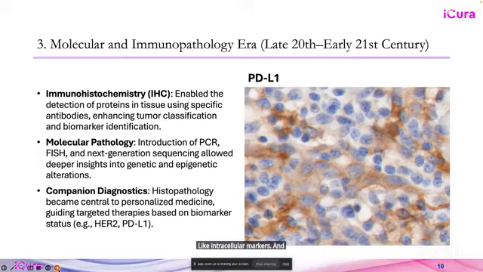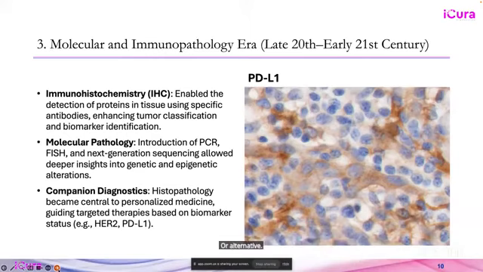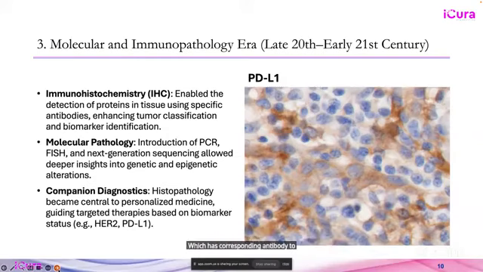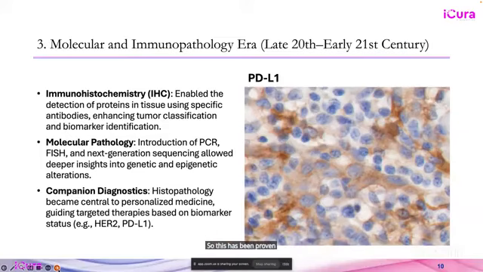With certain enzyme-linked reactions, you can get a chromogenic color reaction, and something turns blue or dark brown. Or alternatively, you can use fluorophores with horseradish peroxidase, HRP, or other enzyme-linked reactions, so that you can see certain protein markers that have a corresponding antibody show up on a histopathology section. This has proven to be a big leap for the histopathology world, both in diagnosis and research.